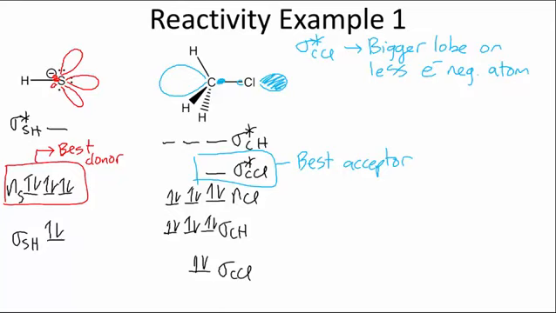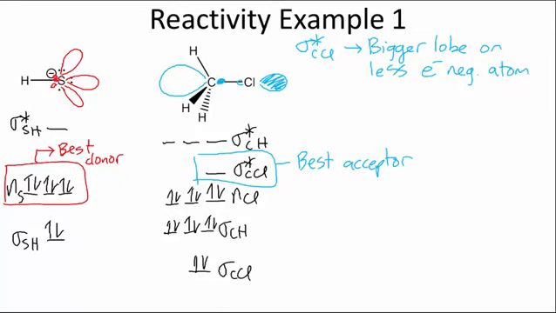So if one of the sulfur lone pairs decides to donate to sigma star CCl, what do you think happens when you put electrons into an antibonding orbital? What does the prefix anti mean? Against. So what do you think happens to the bond?